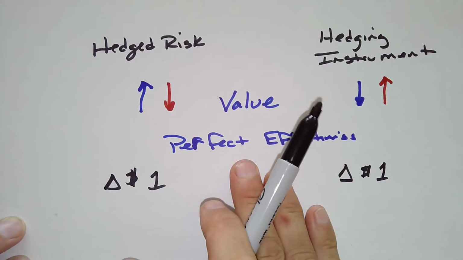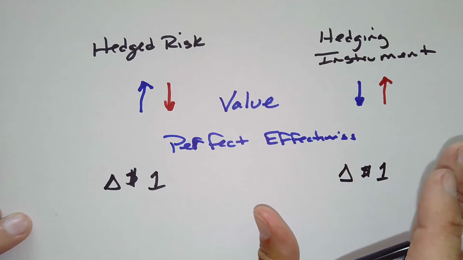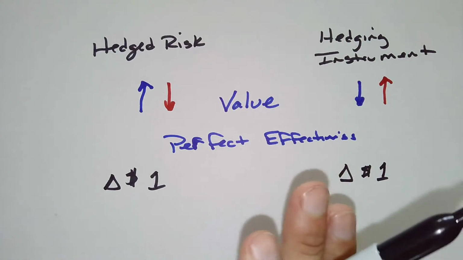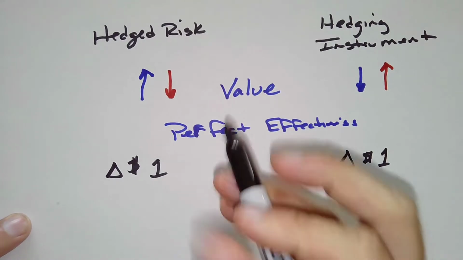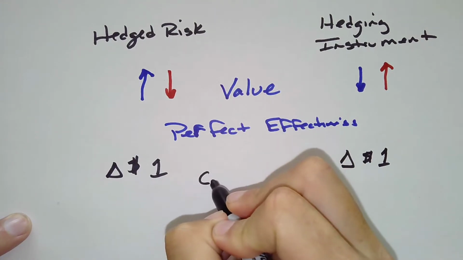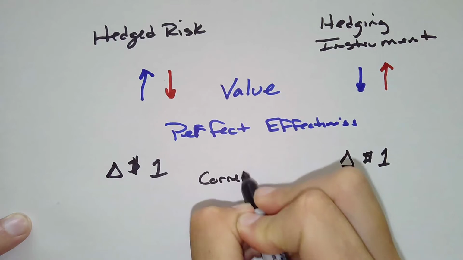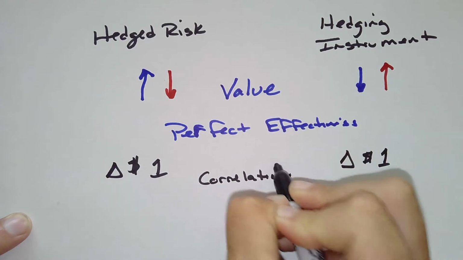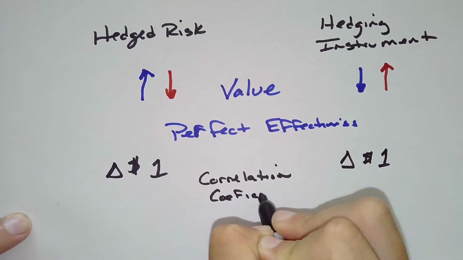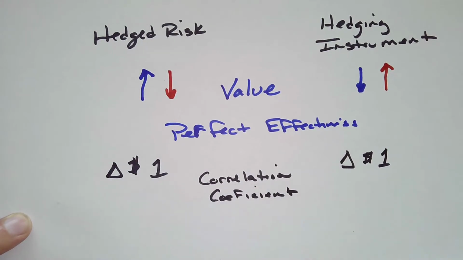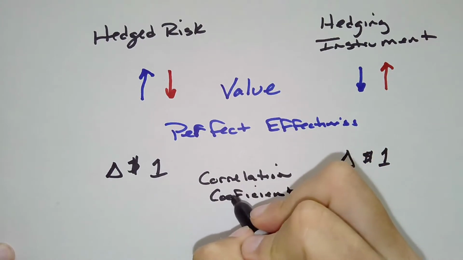If we go back to some of our old statistics, let's brush some of that off, and we bring up the idea of a correlation coefficient. I may have spelt that wrong. I think there might be two F's.